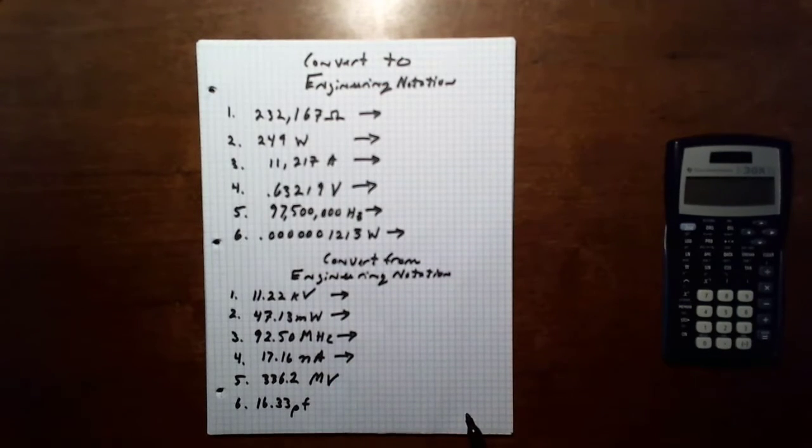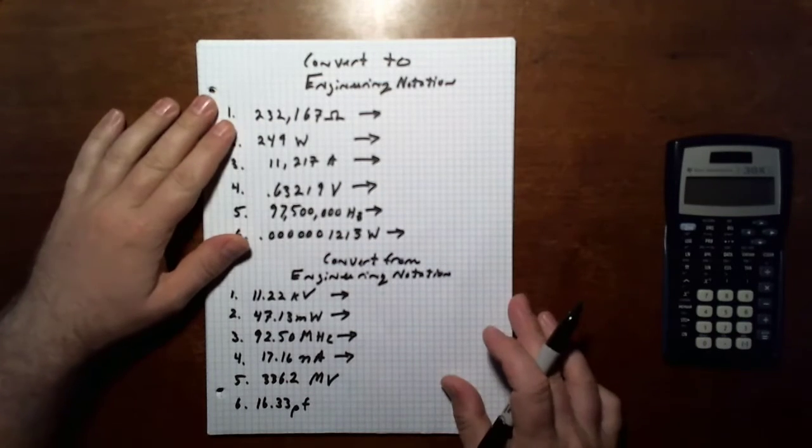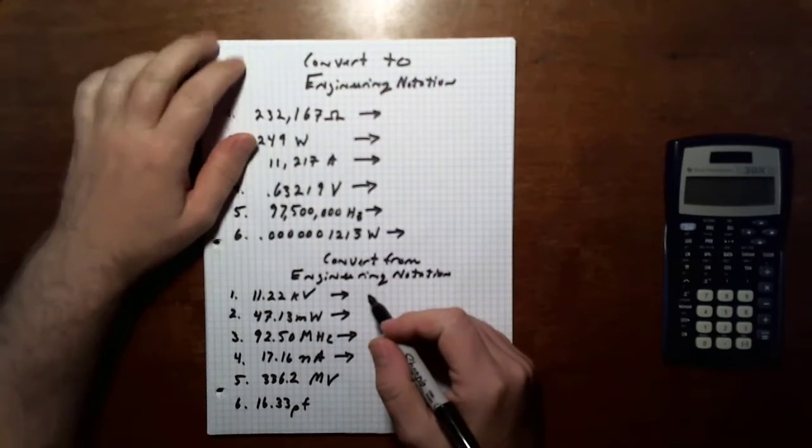So you can see that that's true down below as well. Other rules, we don't want to forget our units, and that's going to be about it. So let's go ahead and do some conversions.